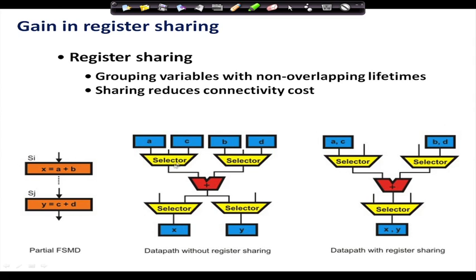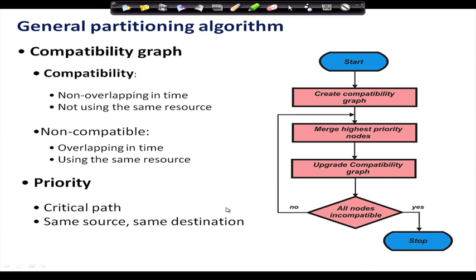Just to repeat, since A and C are not being used in the same step, they can be combined into one register, and thereby I save on the number of registers. Here x and y being combined into 1, I can save on the number of selectors. Okay, that is clear.